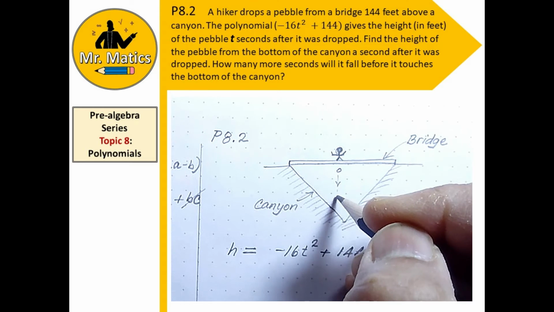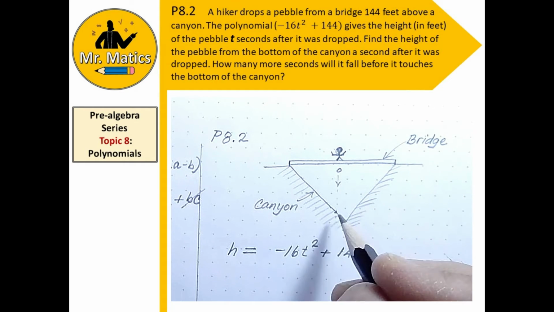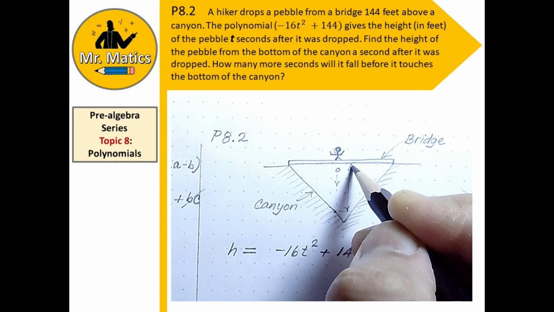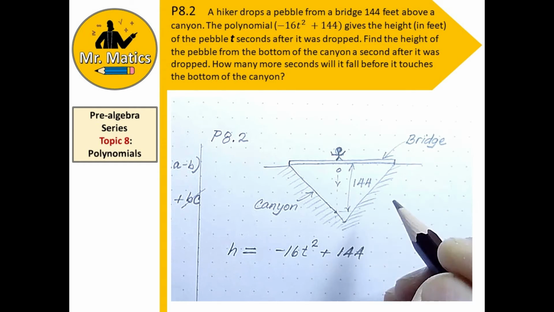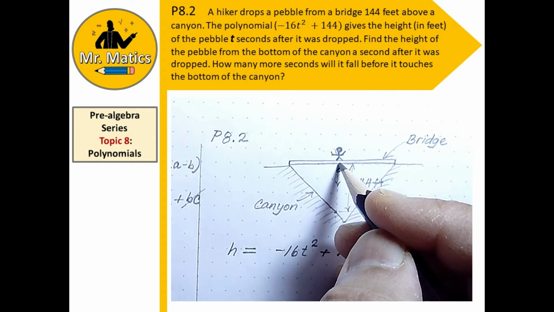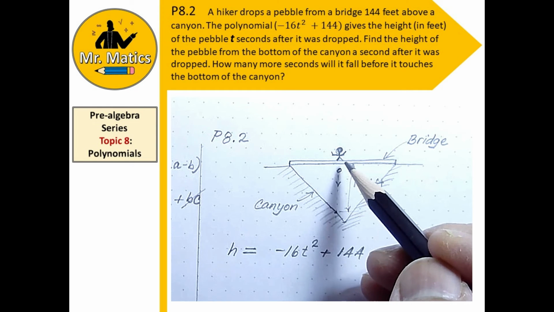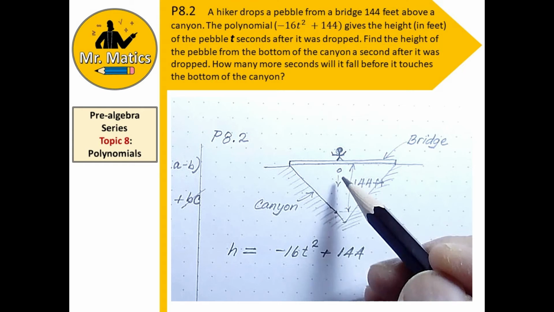So let's say this is wherever it is supposed to fall, 144 feet, and the moment the pebble is released from the hand, the time count starts.